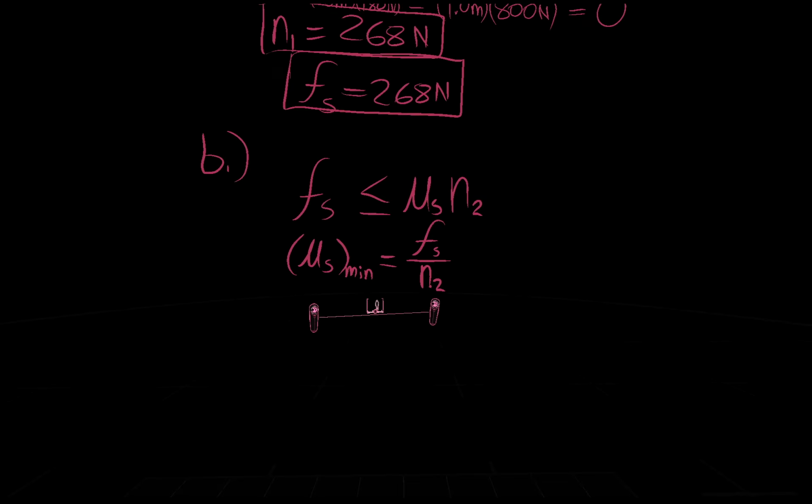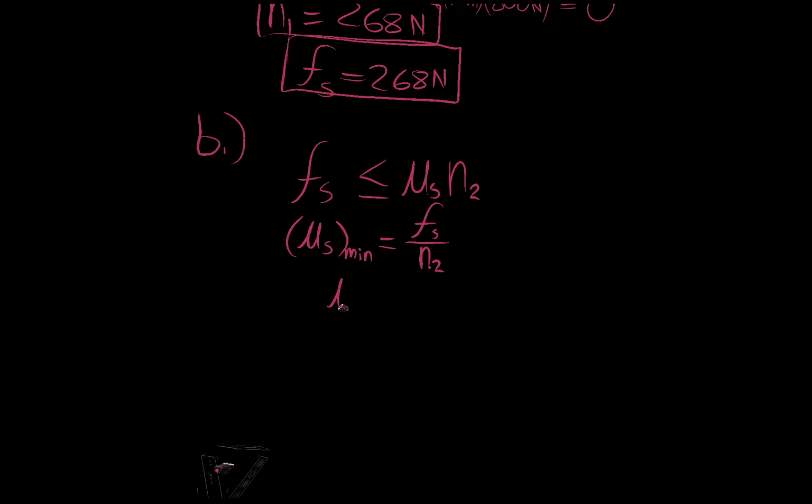And we have both of those values, and so mu sub s min is equal to 0.27. Unitless number, remember. So that's the minimum. Of course, if it were much larger, it would be able to keep the ladder in place as well. It's just asking for the minimum, and that is the minimum.